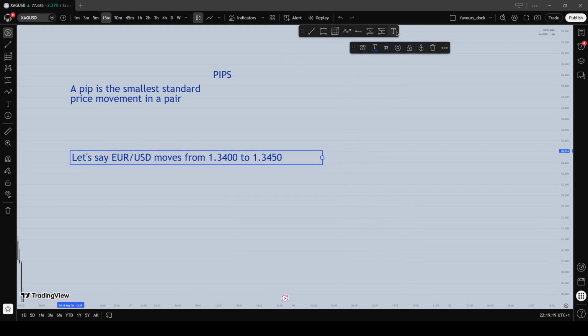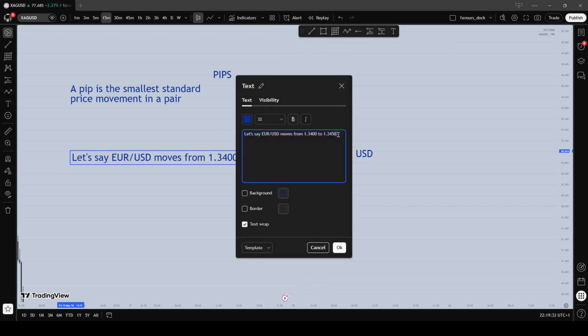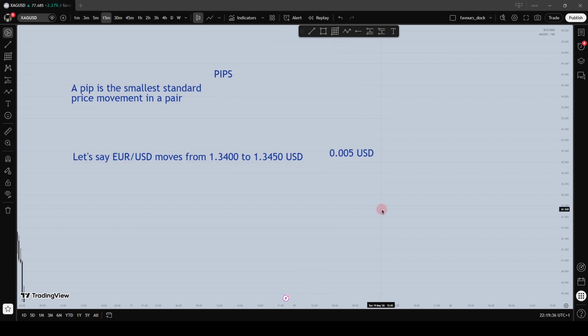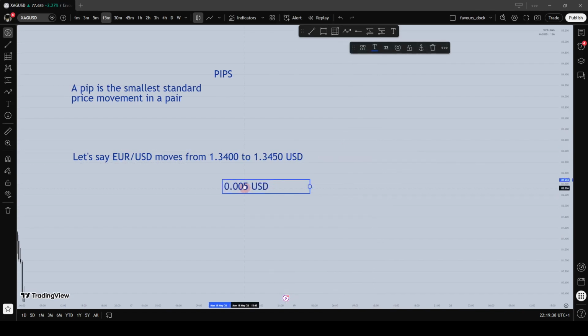Why didn't you say 0.005 USD now? Is that not the difference?